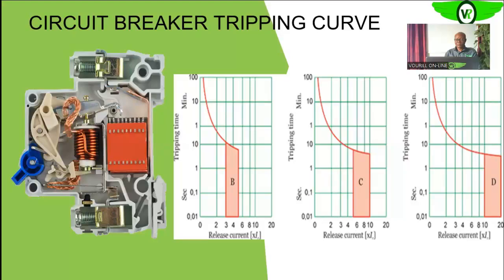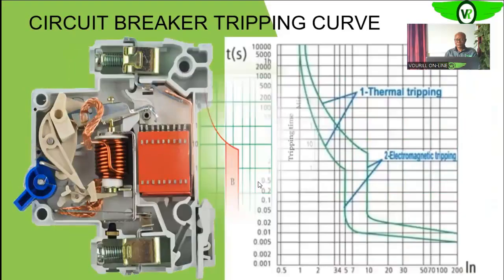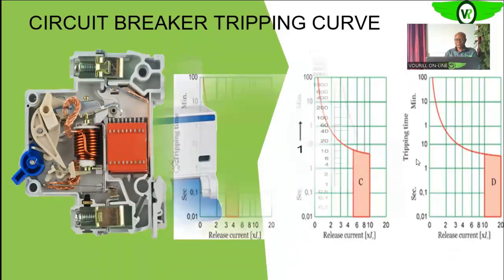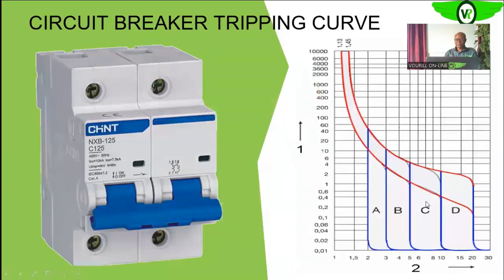So the trip curve guiding the operation of the circuit breaker is very important for you to know, so that you make the appropriate selection and protect your circuitry correctly. If you look here, all the curves are put together. We have the A curve, the B curve, the C curve, the D curve, and even the E and the Z curve.